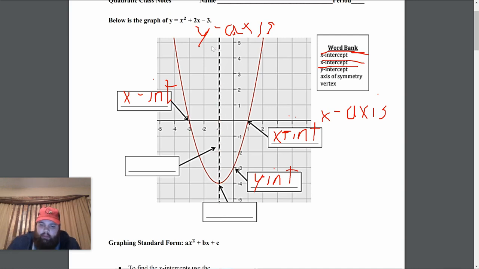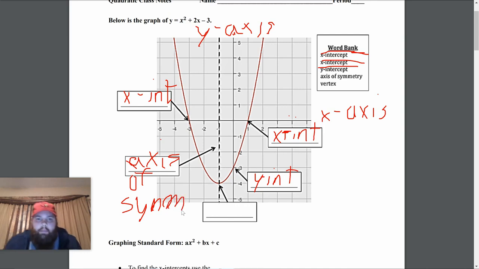So we know this right here is our axis of symmetry. Yikes. But it gets the point across. Maybe I'll just start saying AOS for axis of symmetry.